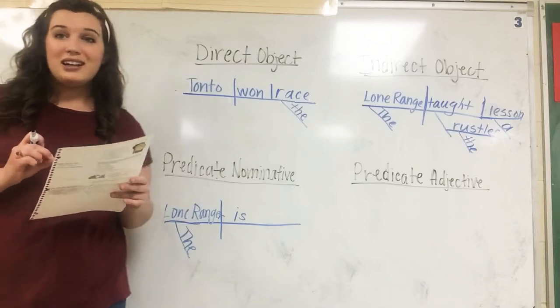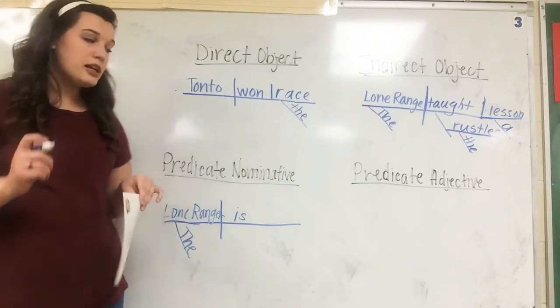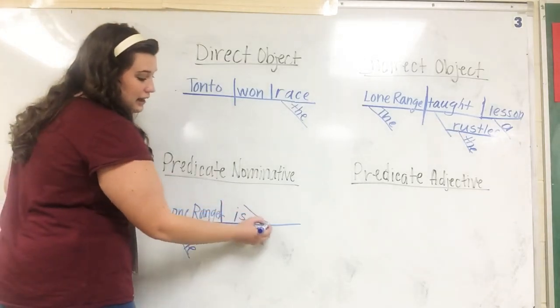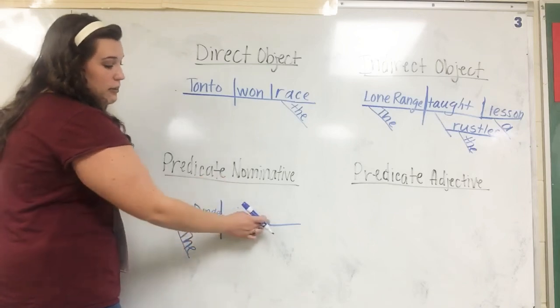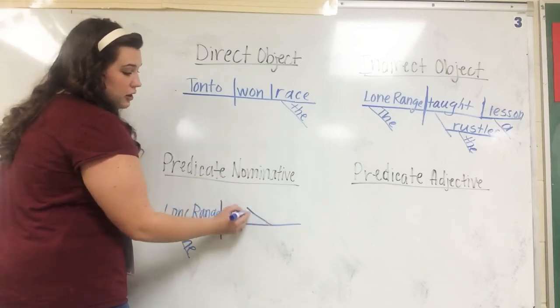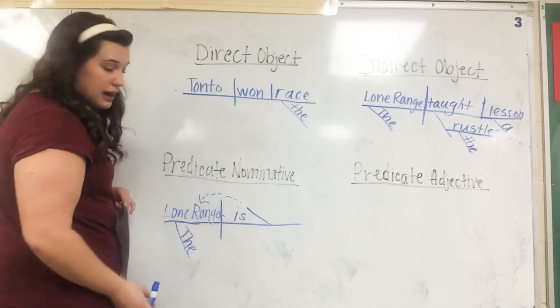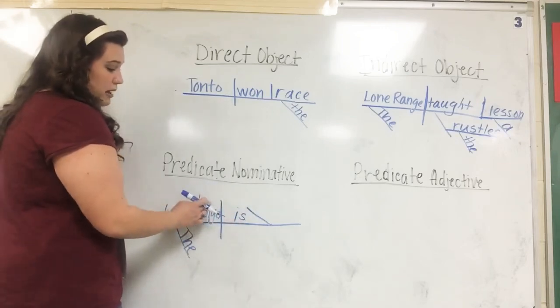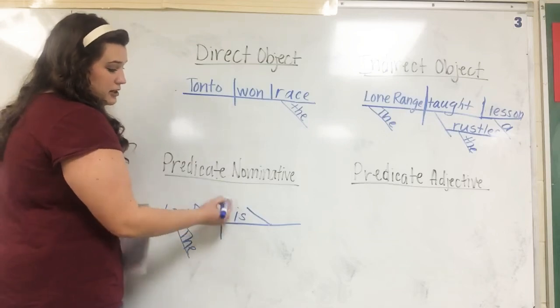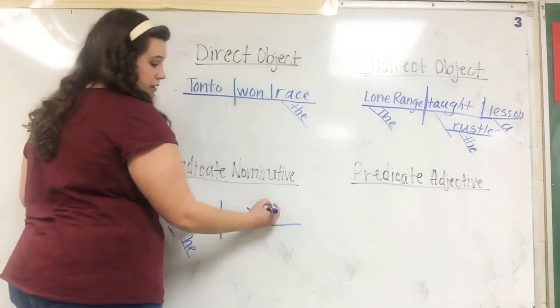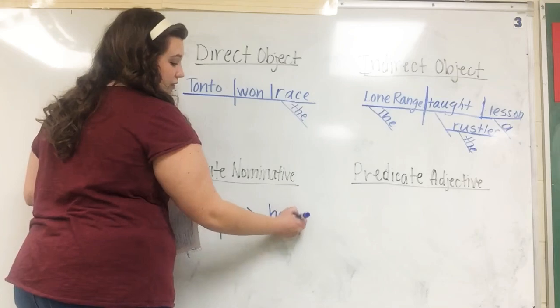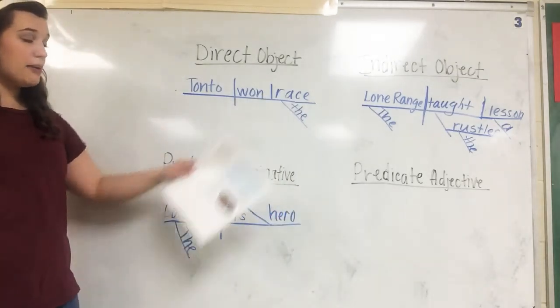Okay, now with your predicate nominative, it's like the direct object, but not quite. It goes back. It kind of points back. If you imagine that this is an imaginary arrow, it kind of points back to the subject, slants back towards the subject so that you can remember it renames the subject. So Lone Ranger is hero, and then you just write it after the predicate like you do with the direct object, okay?